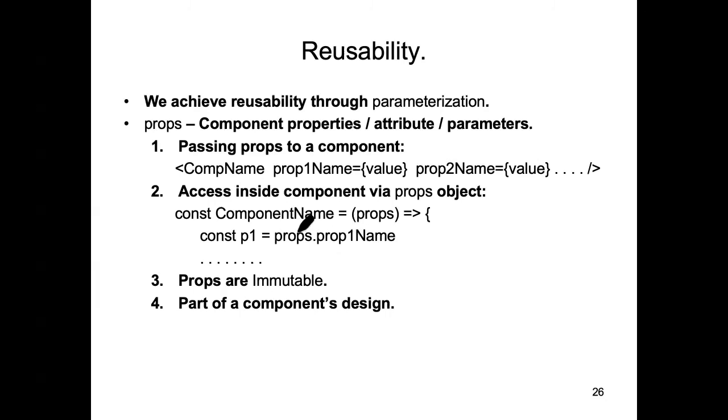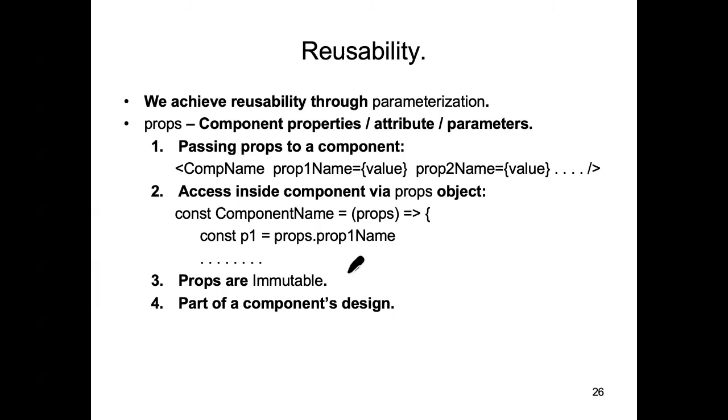That's all that's going on here. And so presumably in the JSX, I can now refer to P1, where P1 is going to be this value here. So this is how we make our components reusable in terms of passing data into them. We pass props using the techniques that I've just shown you.